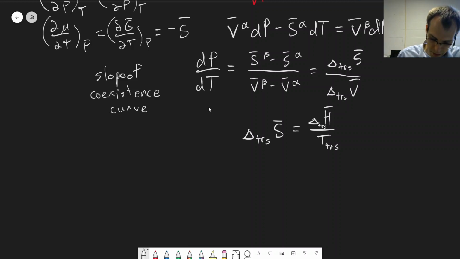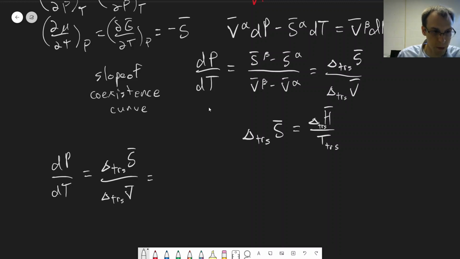So we can say dP dT, again, this is for the coexistence curve where things are in equilibrium, is equal to the change in the entropy divided by the change in the molar volume, or the alternative form is to write it in terms of the enthalpy, the molar enthalpy of the transition divided by the temperature of the transition times the change in V bar for the transition.